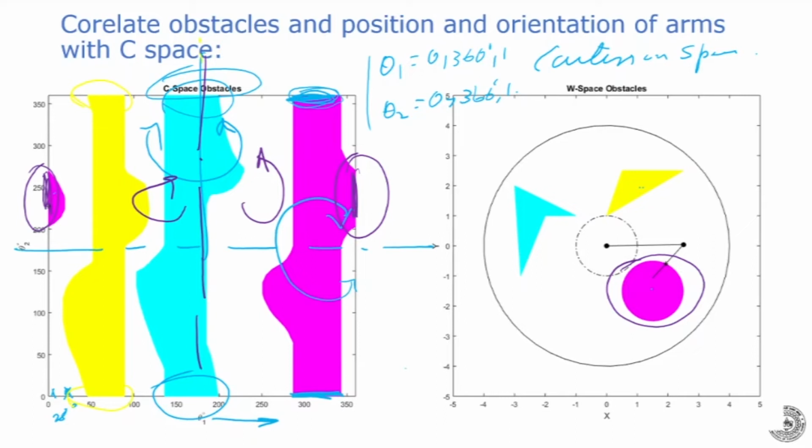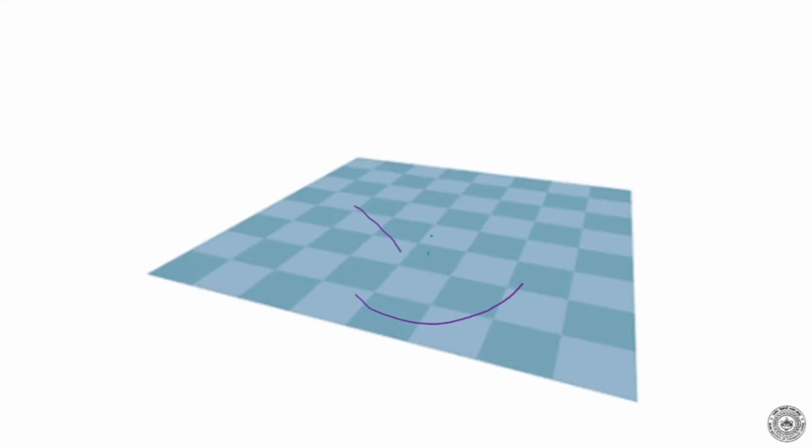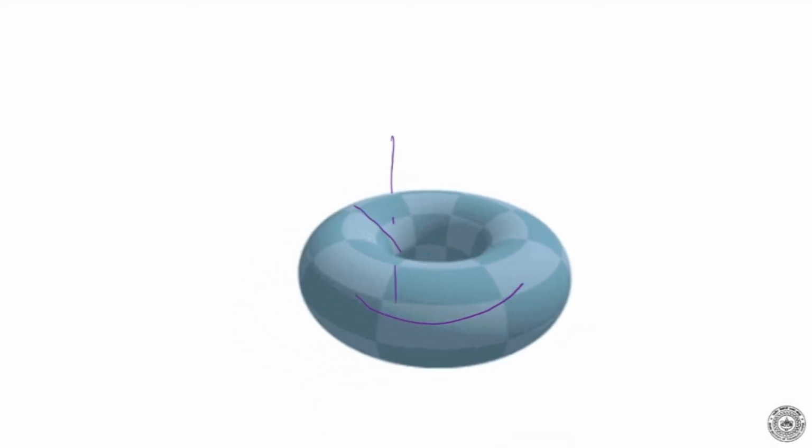So this is what we showed. The torus, we cut it here and cut it along that axis. It is almost like saying you have a flat sheet, you roll it like this, and then roll it again about the other axis. So what will happen? It will become a torus. So when we cut the torus, we are going to get this kind of a C-space.